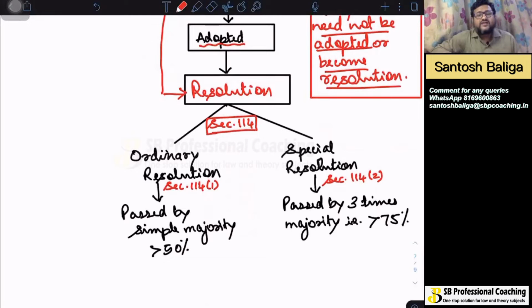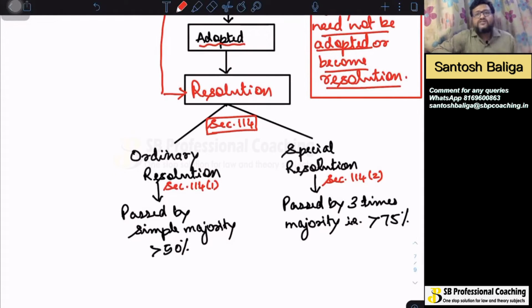How do you understand whether a particular resolution is ordinary resolution? If in the language of law, in any provision, it is written that a resolution may be passed in the general meeting, in general interpretation, if only resolution is written, then it will be ordinary resolution.